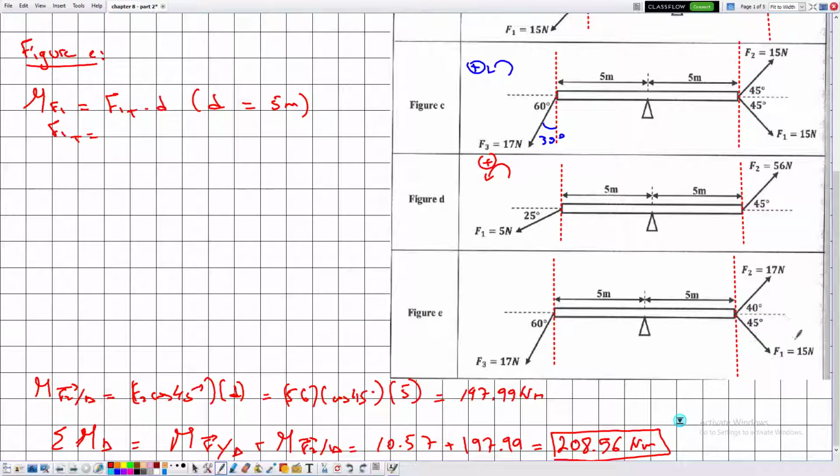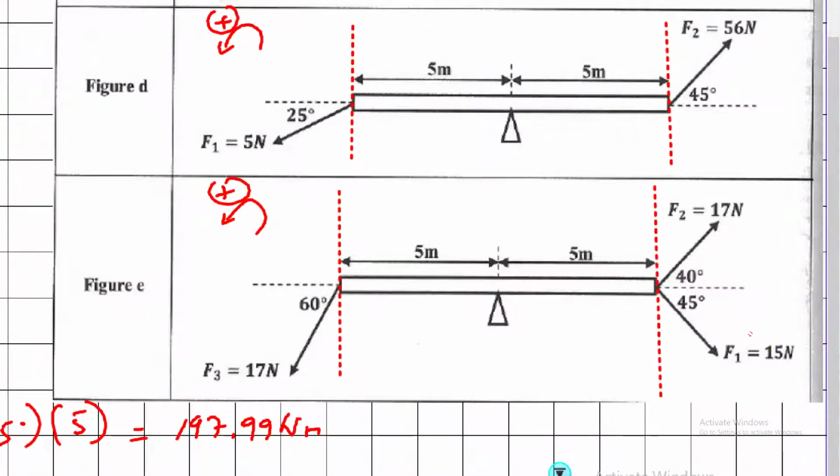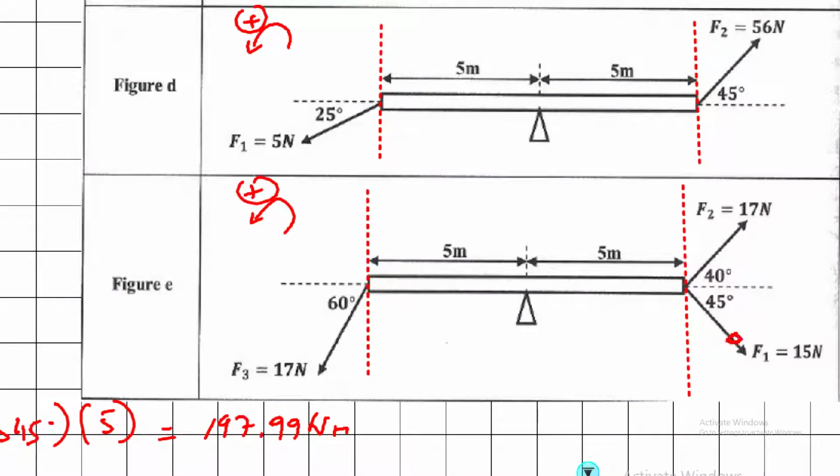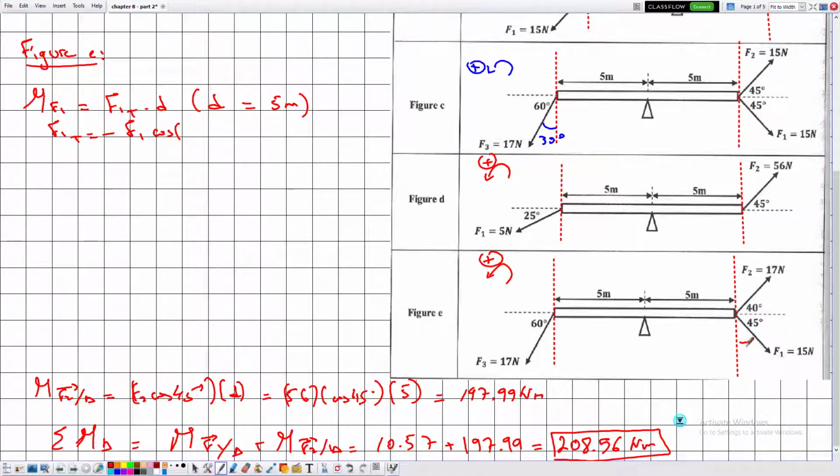So notice that in this case, if this is the positive direction of rotation, F1 will try to rotate in the negative direction, like this. So it is minus the magnitude F1 multiplied by the cosine of the angle between F1 and the tangential direction, which is given by 45 degrees.